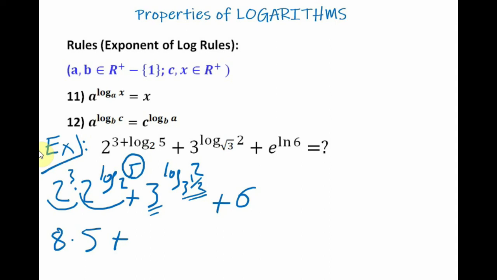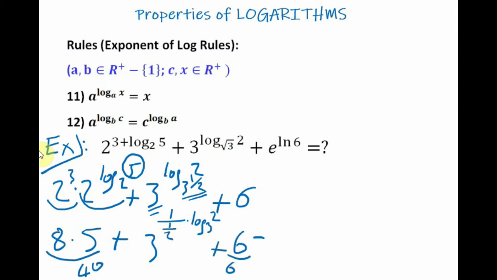So I need to get rid of that 1 divided by 2 as a power in the base. If you remember, we were writing it as 3 to the power of 1 divided by 1 divided by 2, guys, times logarithm of 2 in base 3 plus 6. So this is going to be 40, guys. This is going to be 6. So if you add them up, then we're going to have 46, of course, 46 plus.